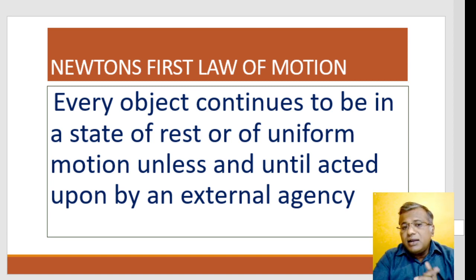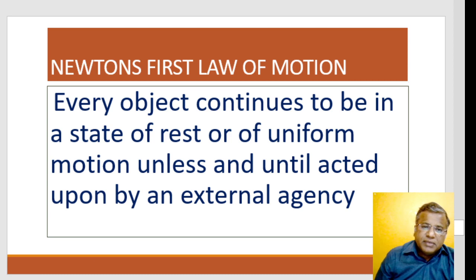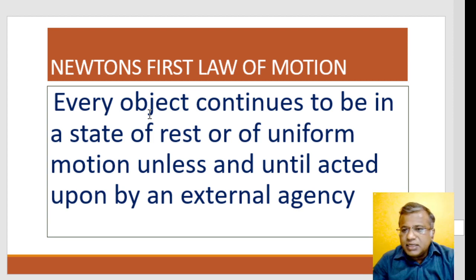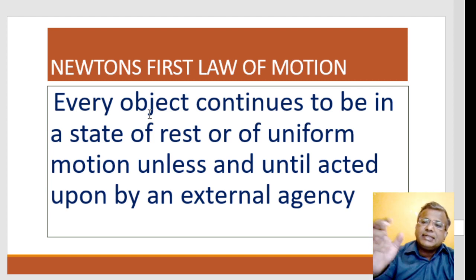What is the slight difference between inertia and Newton's first law? Inertia says that it is the nature of the object to be in a state of rest or uniform motion, but Newton's first law says it continues so until acted upon by an external agency.